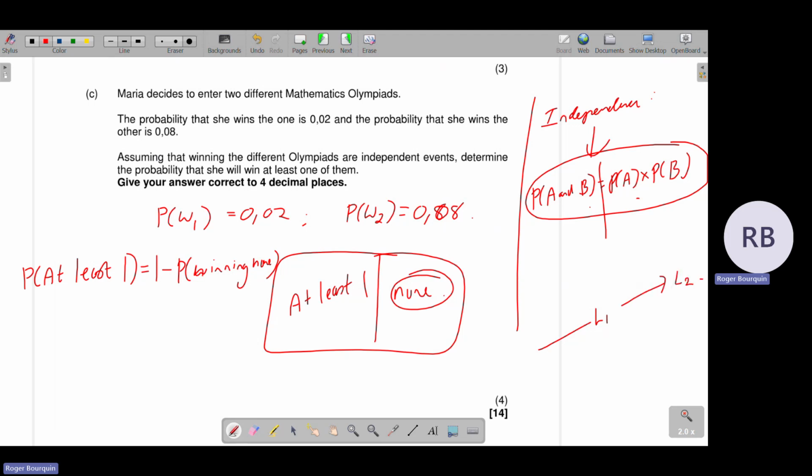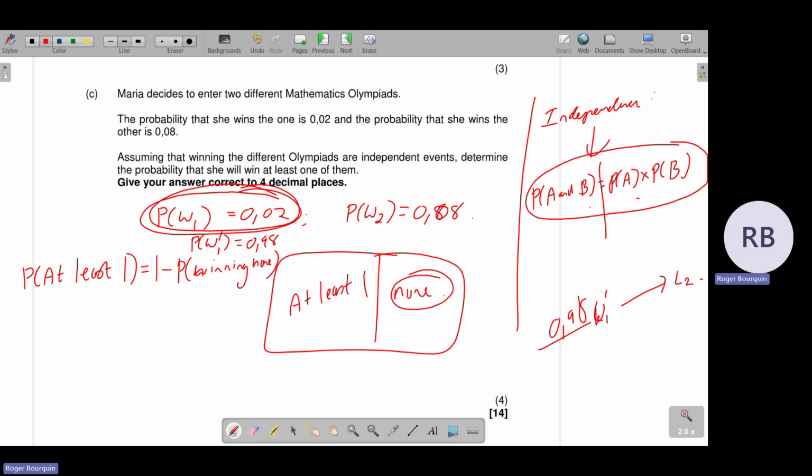The probability of her winning the first one is 0,02. So what's the probability of her not winning the first one? Either you win or you don't win, so it's 1 minus 0,02, which is 0,98.